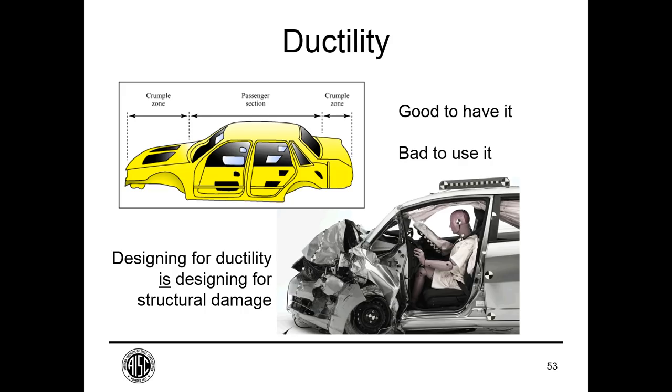So when we're designing for structural ductility, we are designing for structural damage. And it's an economical way to design in terms of the cost of the structure, the amount of construction dollars spent reconstructing buildings that are damaged in an earthquake, as opposed to constructing everything not to be damaged in an earthquake. But it may not be the right answer for every owner.